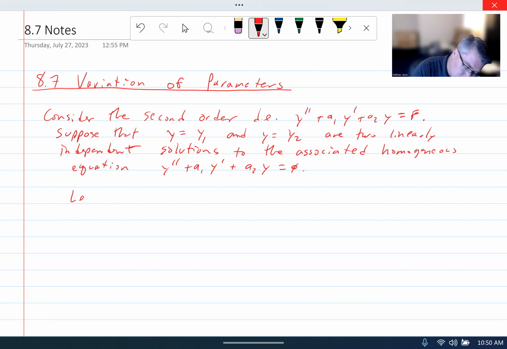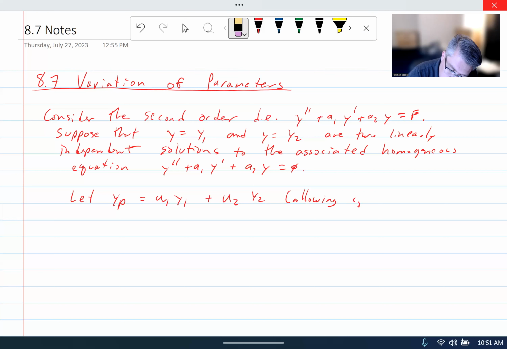Okay. Let yp, or the particular portion of the solution, be equal to u1 y1 plus u2 y2. And we're allowing c1 and c2 to vary.